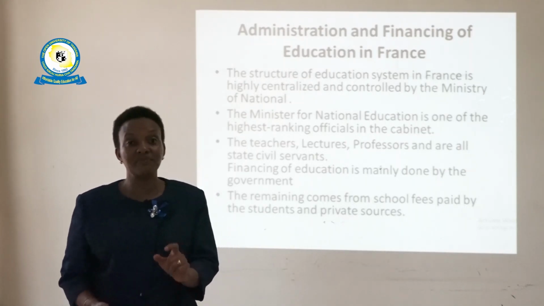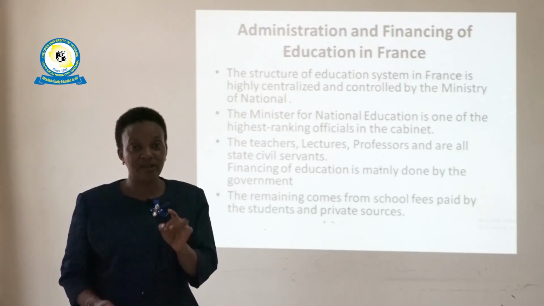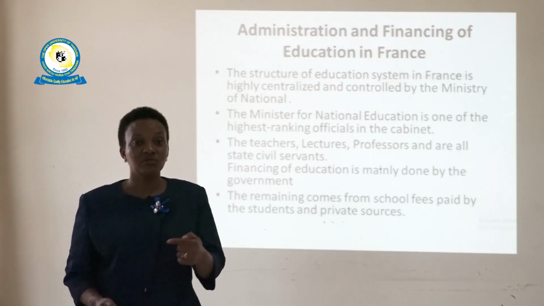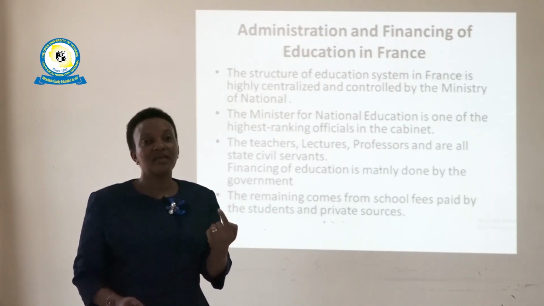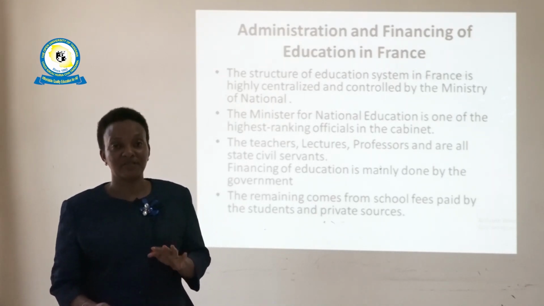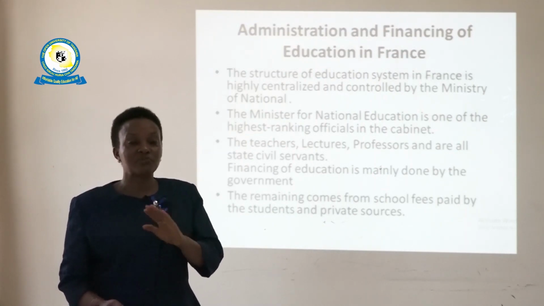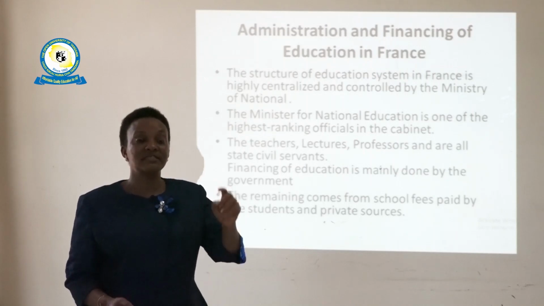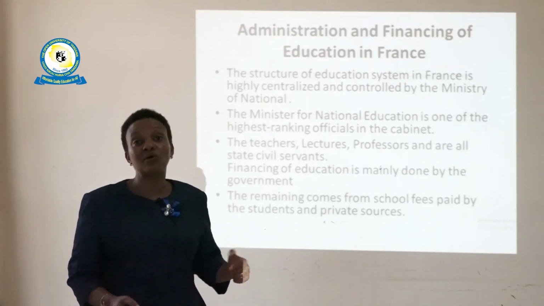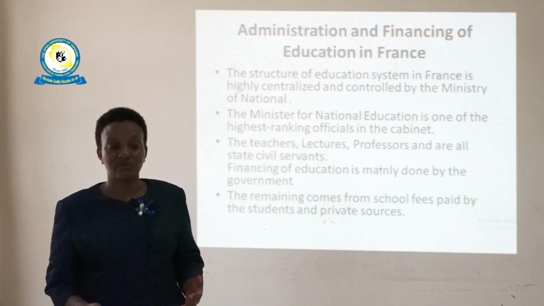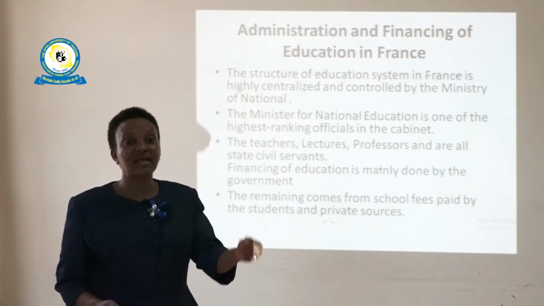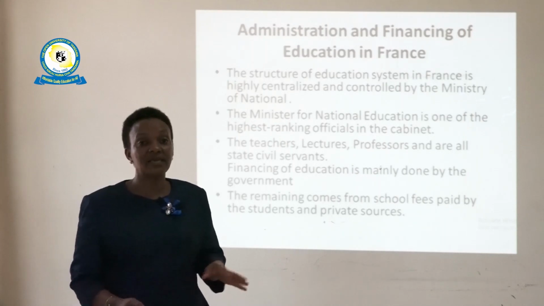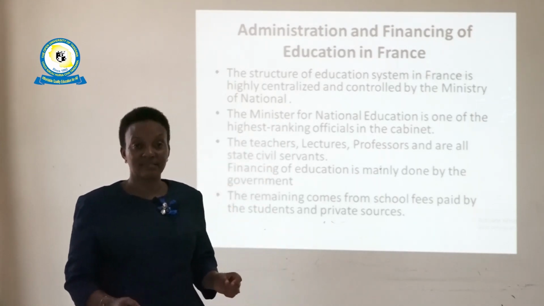So the appointed ministry is fully eligible to control and administer the education system in France. So no individual institution or individual governing board is expected to administer, control and organize the education, because the education is under the control of the government. That's why we're saying it is highly centralized.